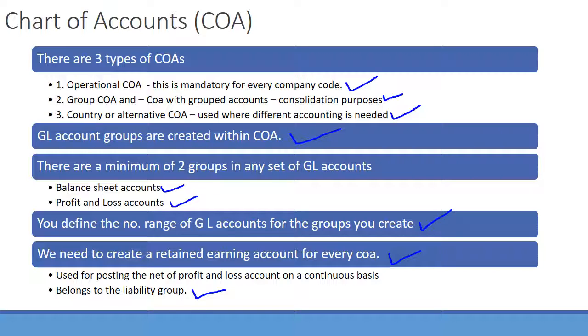First, we create a chart of accounts. It has groups and GL accounts created within groups, which have a name, length, and language. And this chart of accounts is assigned to a company code, or a group account, or a company code at alternative level, as the case may be. The chart of accounts is the primary and most important configuration in FI.